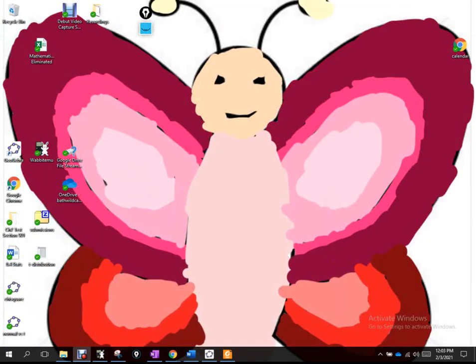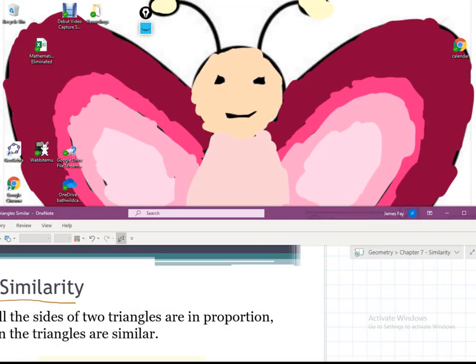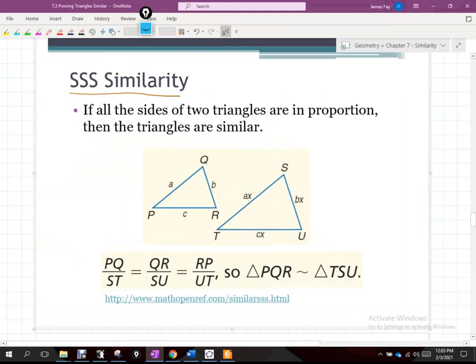So what I'm trying to get at is that when you are being asked to determine whether two triangles are similar and all you know is side lengths, you always compare smallest side to smallest side, largest side to largest side, middle to middle, because there's no other way that they could be proportional, but having like middle compared to largest and smallest compared to middle or something like that. Does that kind of make sense? Okay. Has to be small to small, large to large, middle to middle. And that's all the side similarity is referencing.